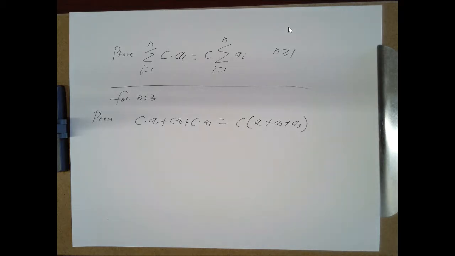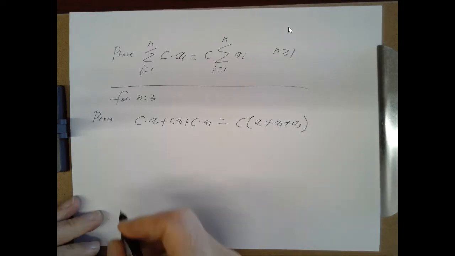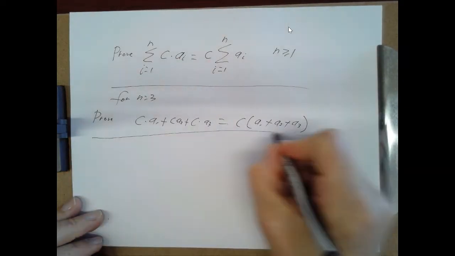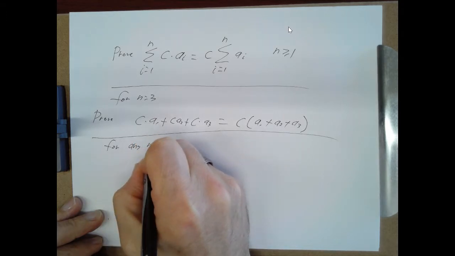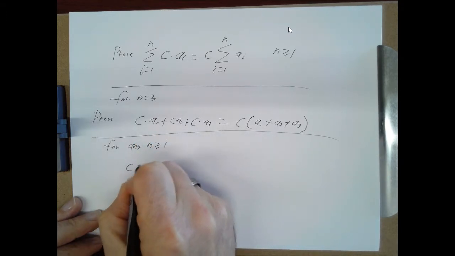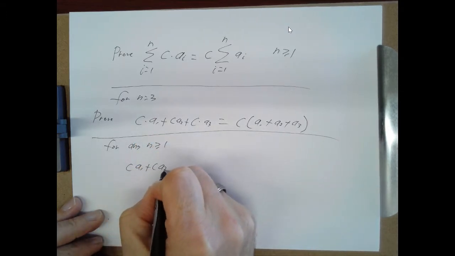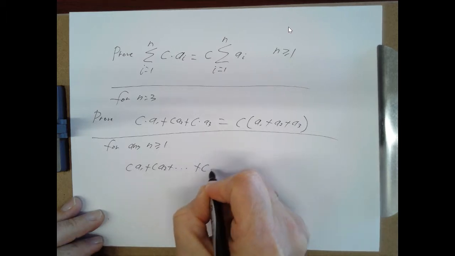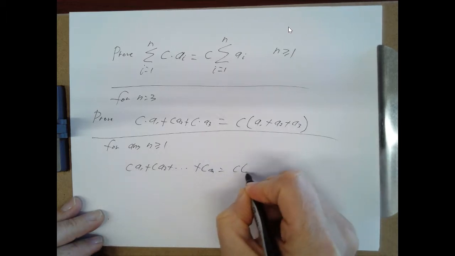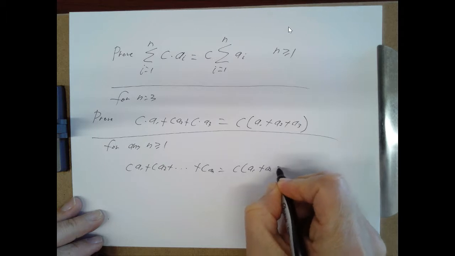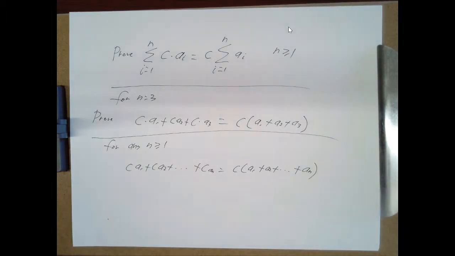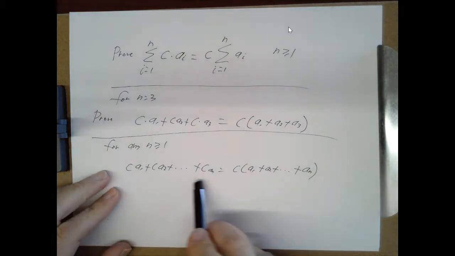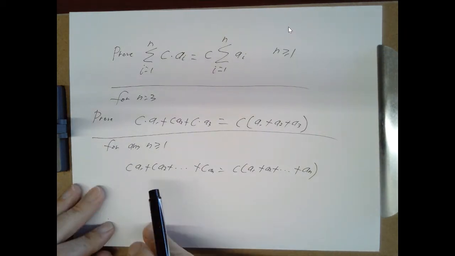But to prove this for all n, we have to do something like this. And we have to factor the c out of this expression that has this mysterious dot, dot, dot in the middle.